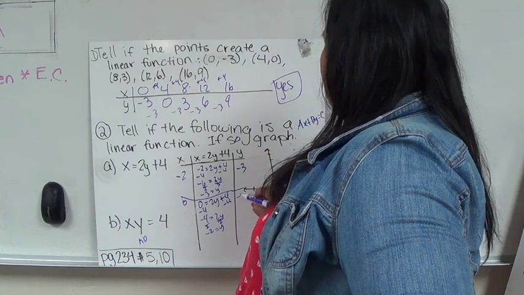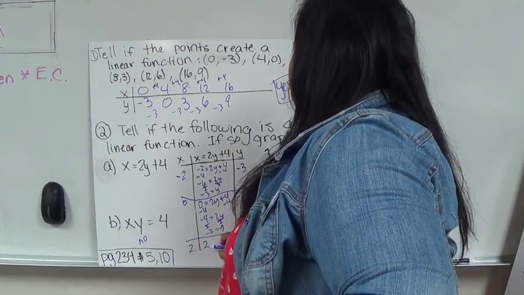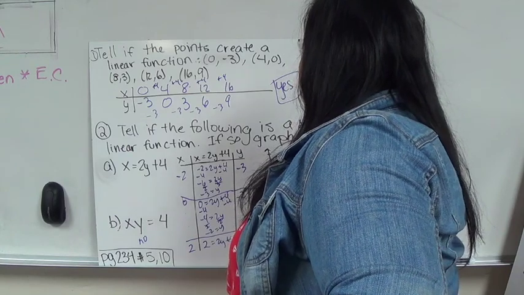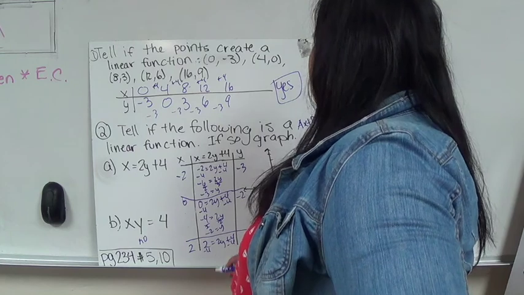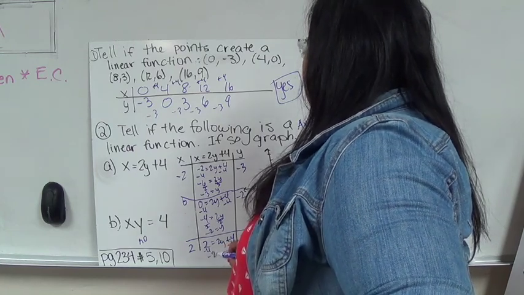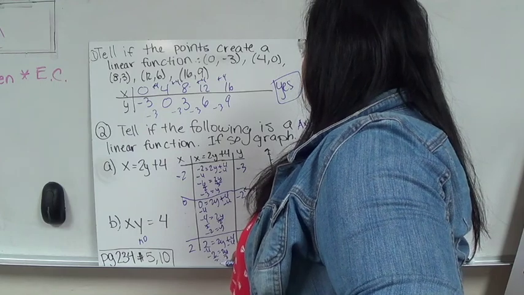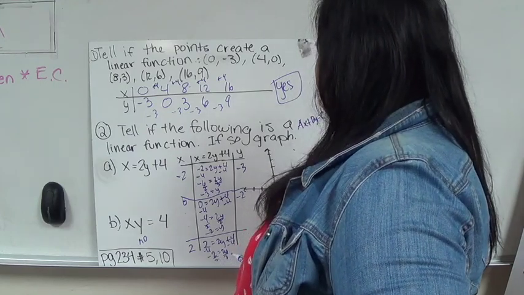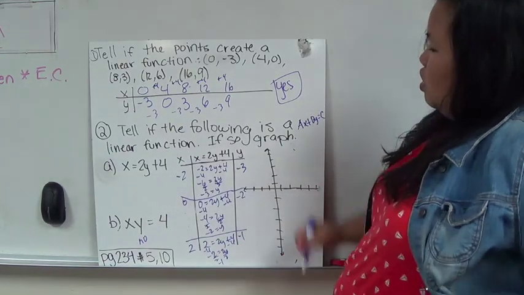Then we'll do one more, which is 2: 2 equals 2y plus 4. I subtract 4 from both sides and end up with -2 equals 2y. Divide both sides by 2, I end up with -1. Okay? So now I'm going to graph it.